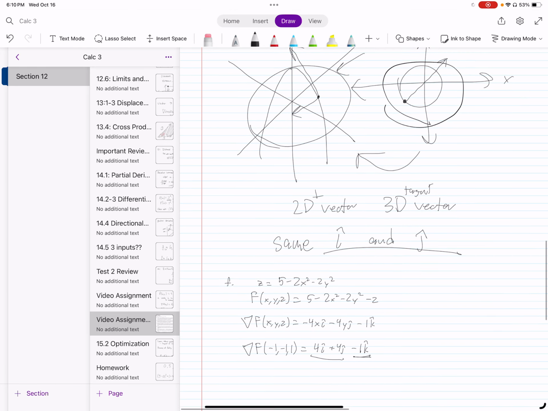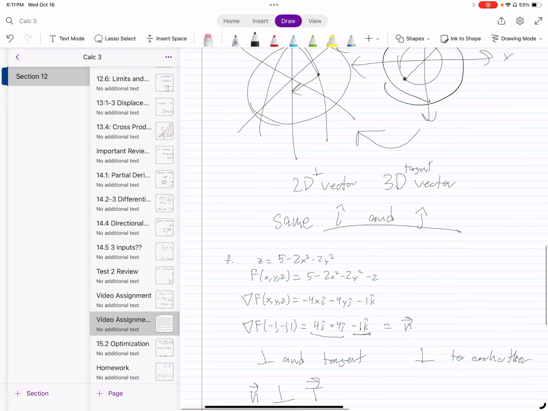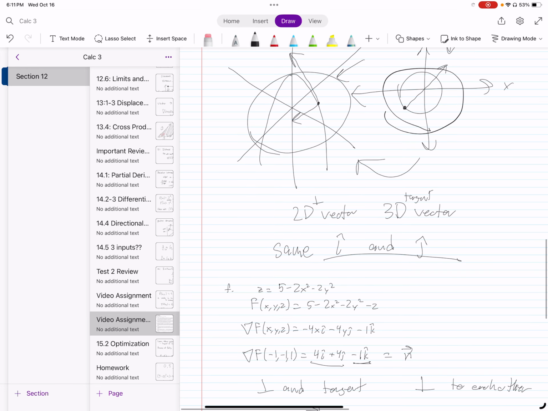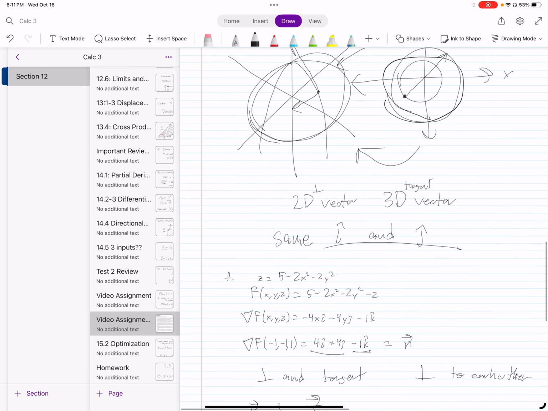And what we notice about the perpendicular and tangent is that they are perpendicular to each other. So notate this right. This is vector n right here. So vector n is perpendicular to vector t. And we know that vector n has the same x and y values as the 2D vector right here, and that has the same x and y values as the tangent vector in here.